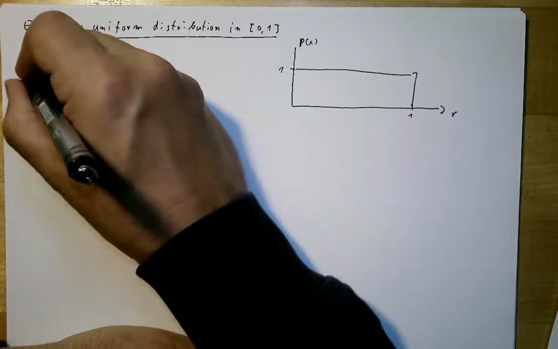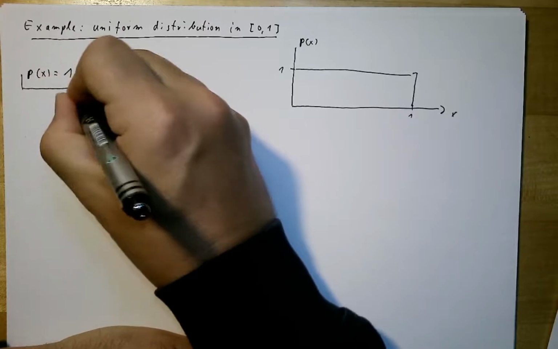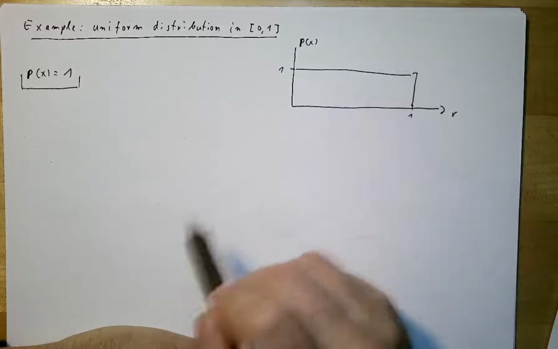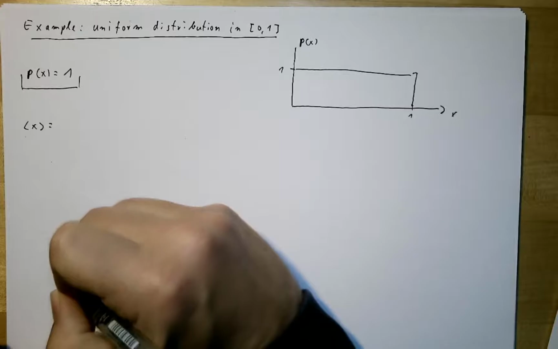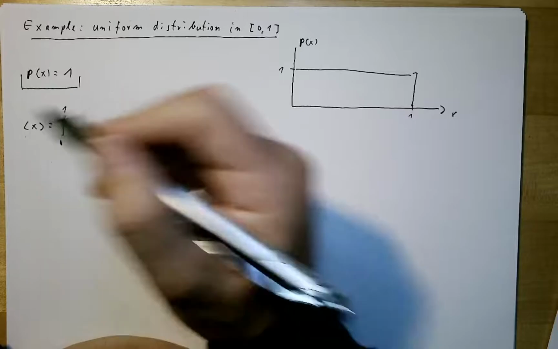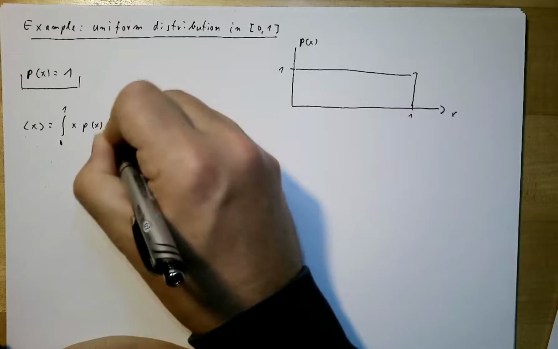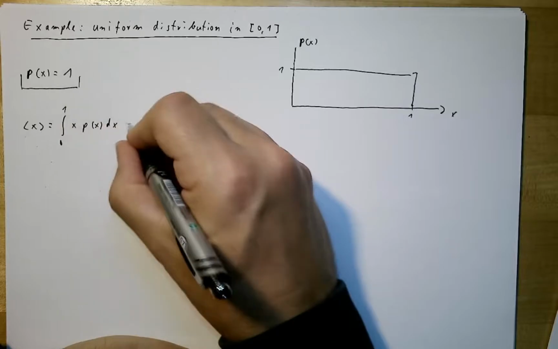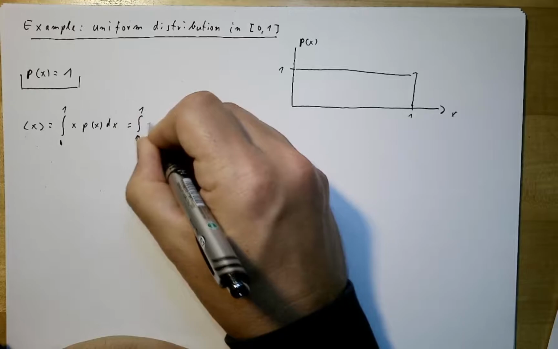So we know that we can write this probability distribution as 1, because then it's normalized, the integral over this rectangle is 1. So what is the expectation or the mean value of the distribution? This is just simple, straightforward integration. We have to integrate x times p of x dx. In this simple example, p of x is just 1, so we just have to take the integral between 0 and 1 of x dx.